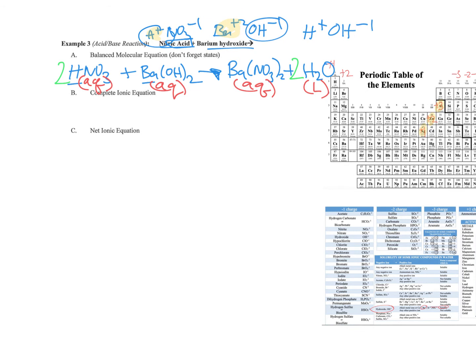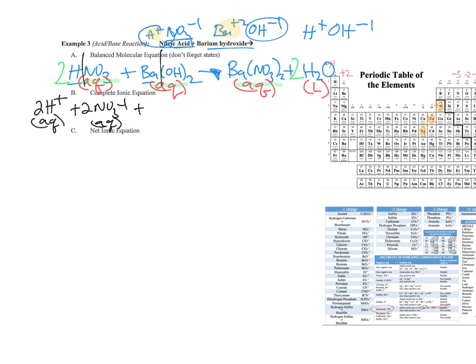Step B, we're going to dissolve or break up anything that is aqueous. We do not break up solids, liquids, or gases. So then for step B, I'm going to have 2 hydrogen ions that are aqueous, 2 nitrate ions.